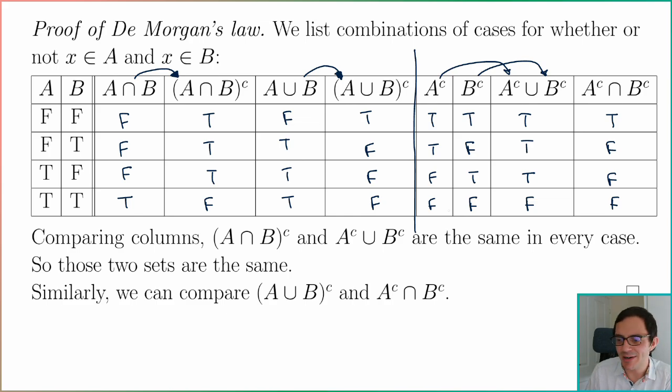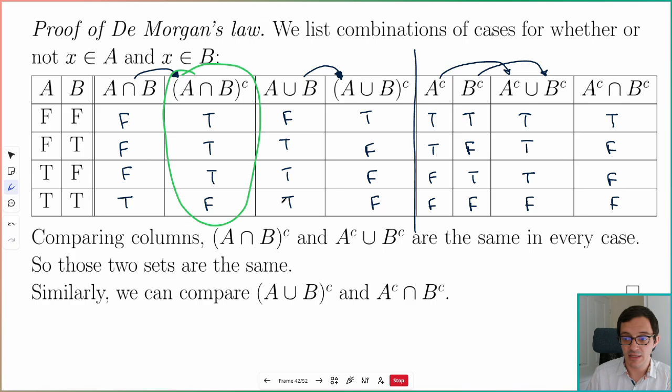They've been scrambled around. Anyway, the punchline here, in a different colour, is that the complement of A intersect B is the same as A complement union B complement. These columns are exactly the same as each other, which is good news.